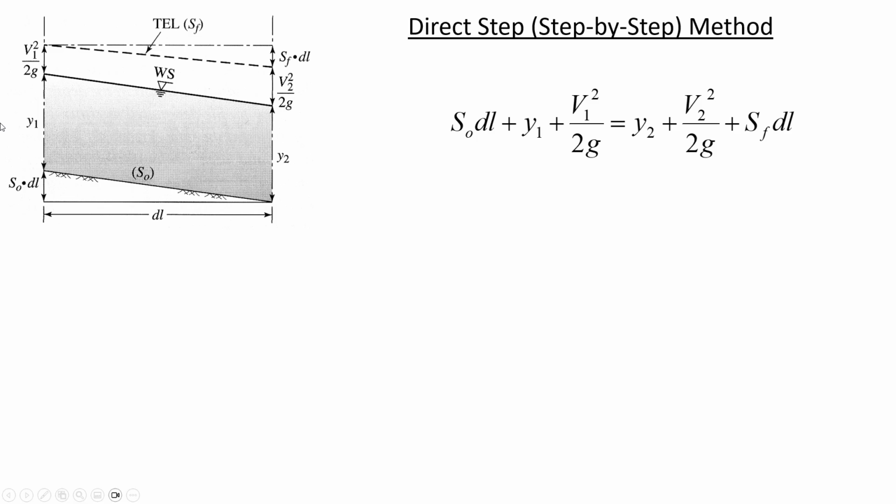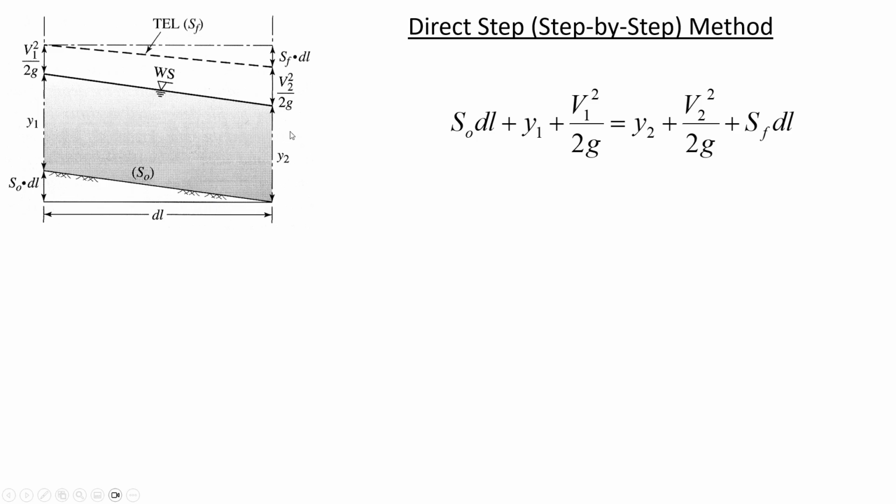But then the rest of the energy, here the delta z that exists at location 1, we can estimate that with the channel slope multiplied by the distance between point 1 and point 2. So that's dl. So if we're just trying to add up everything from the bottom of the datum to the top of the total energy line, there's delta z, the water depth, and the velocity head on the left.